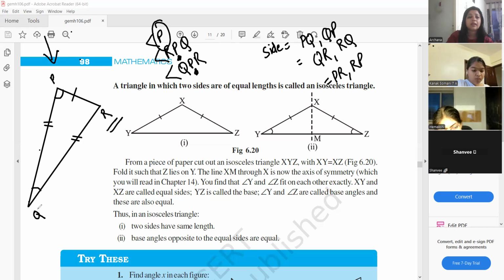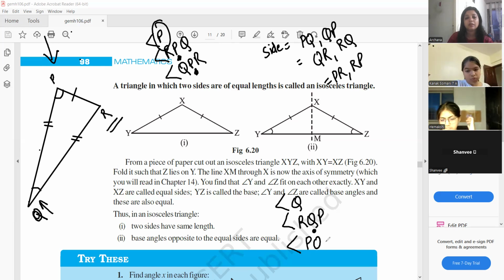Now similarly, when I ask you to name this angle, how will you name it? Angle Q. Then angle RQP, and then angle PQR.